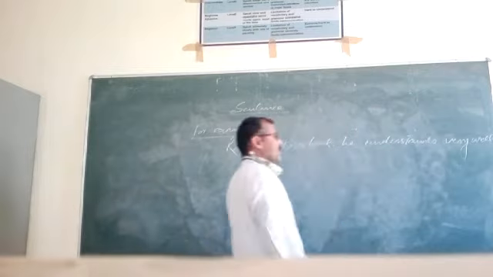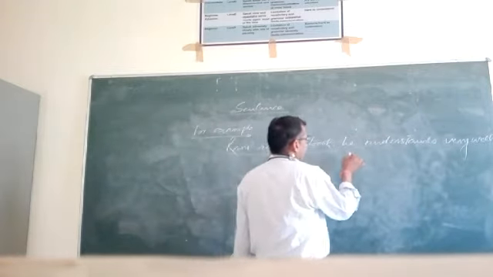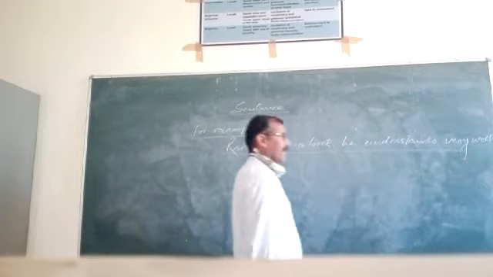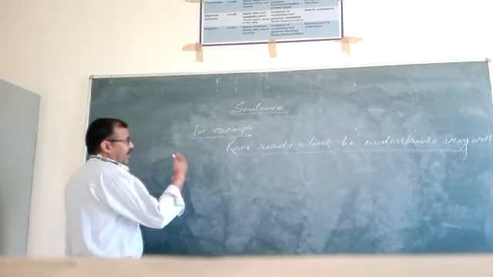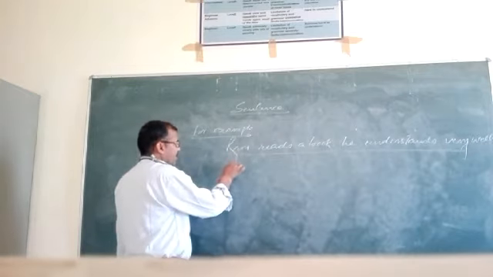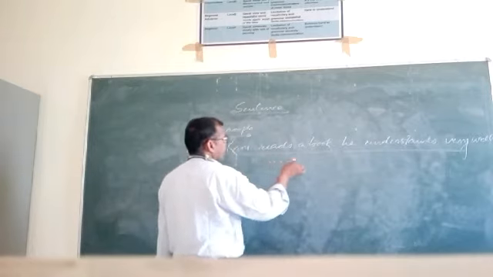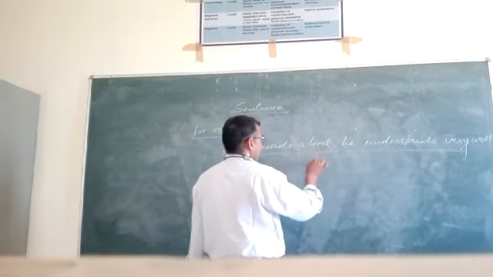Here, this is a sentence. One sentence is here, the second sentence is here. Now, in the first sentence we search out the person. It is not a person, but it is a thing.